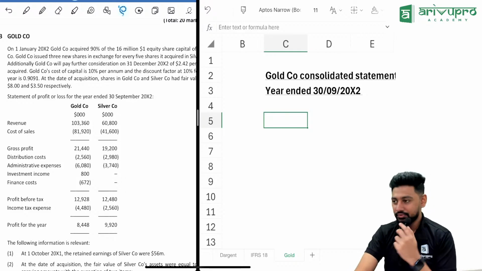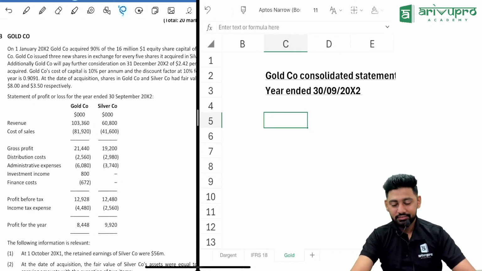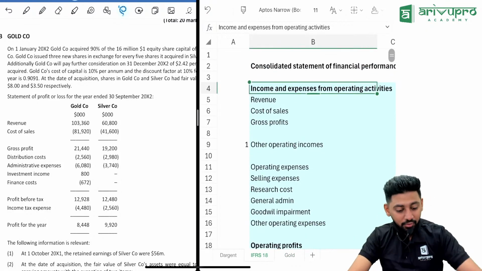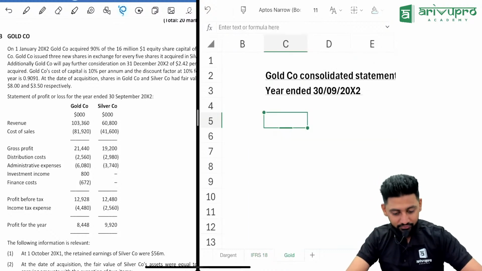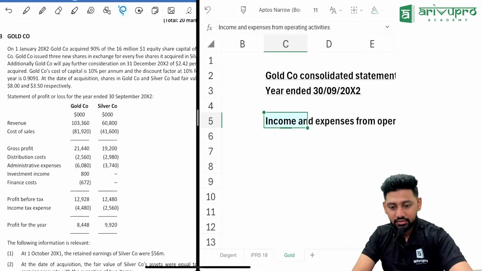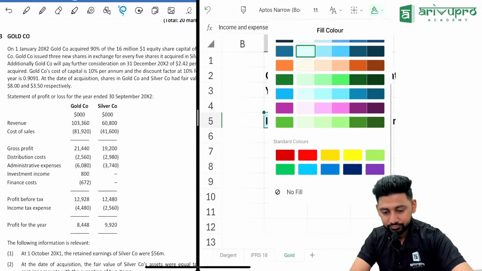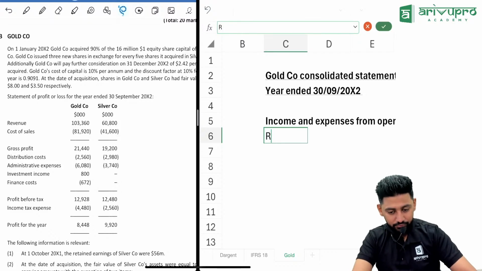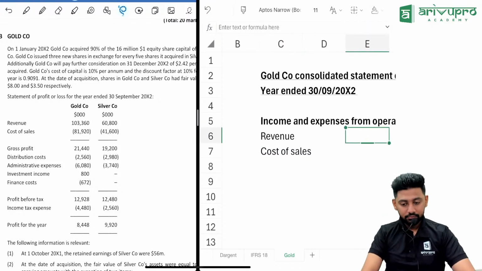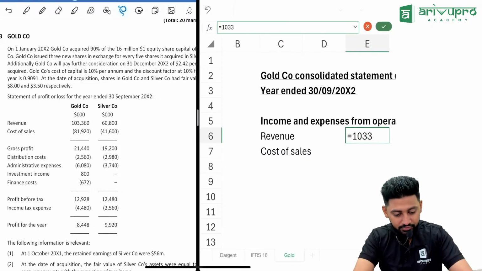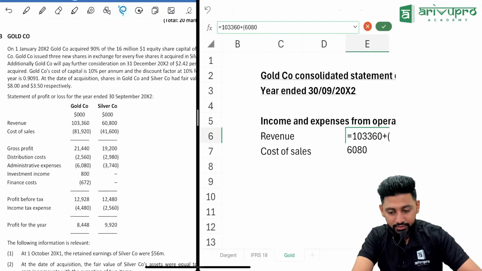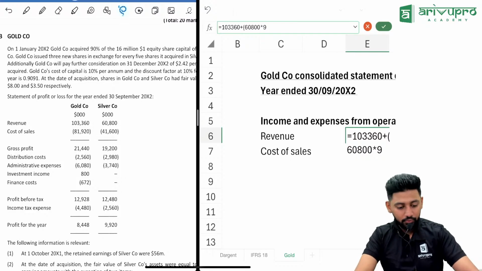Now, how do I name it? We need income and expenses from operating activities. I need my revenue and cost of sales. My revenue equals 103,360 plus open bracket 60,800 into 9/12.